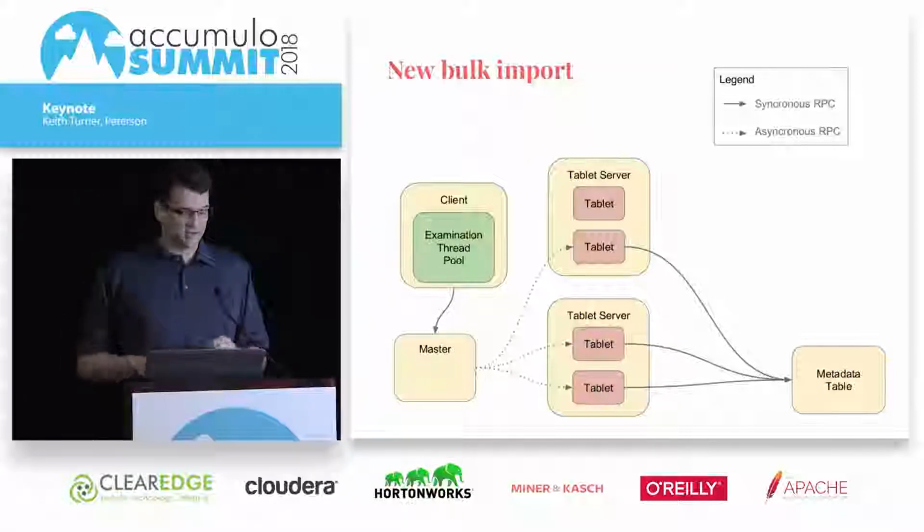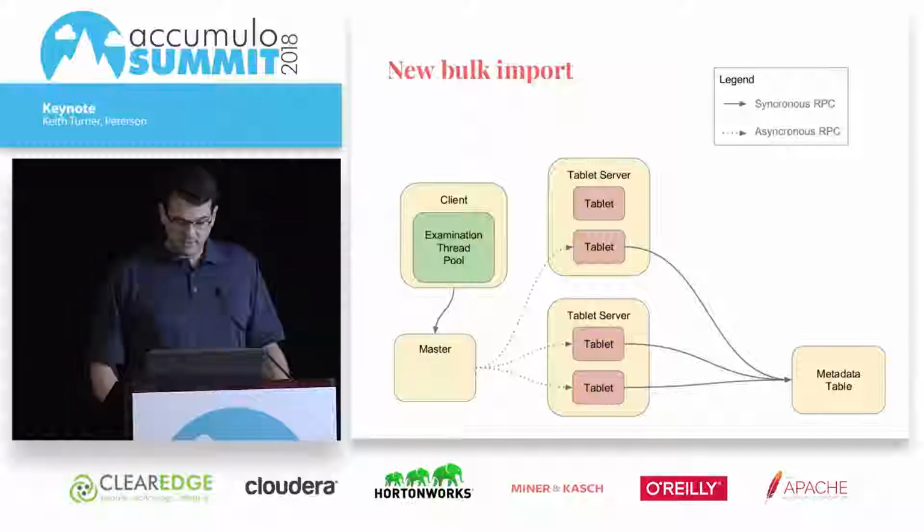It can also make less calls to the metadata table than these random tablet servers, possibly. Because the random tablet servers can't basically share information they got from the metadata table and the name node.